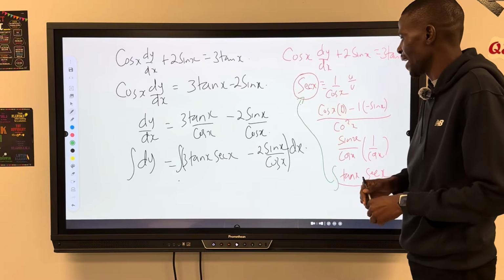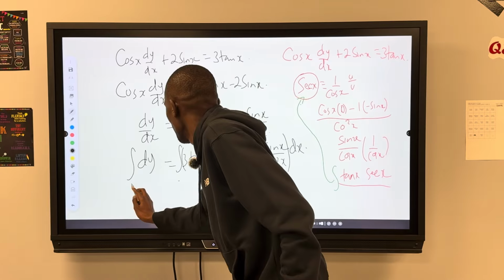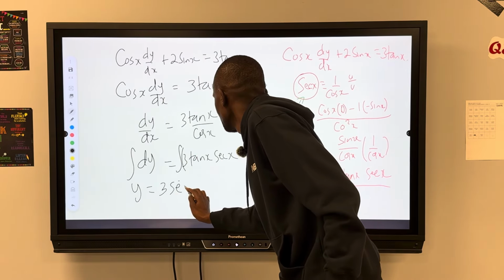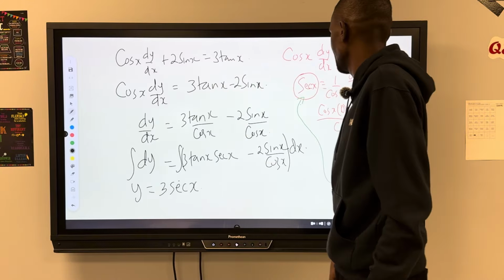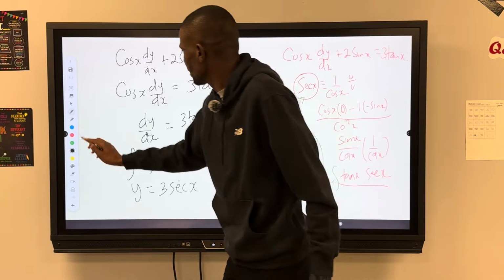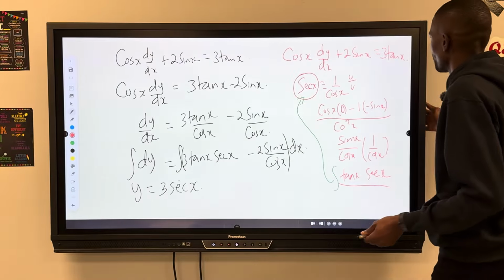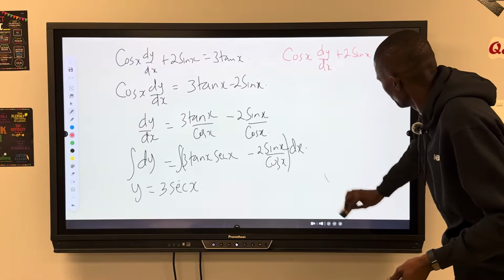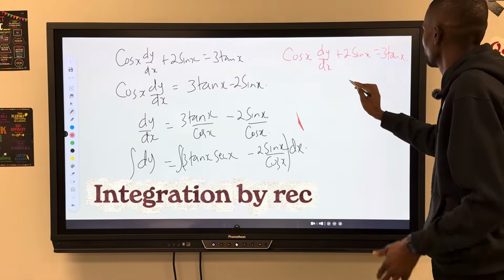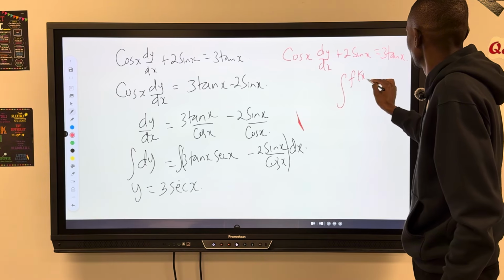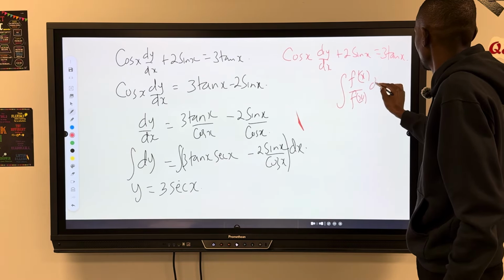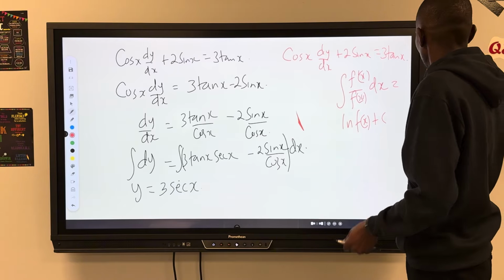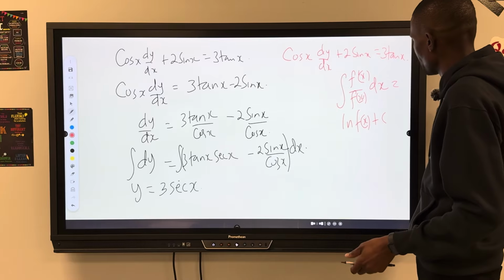So this implies that y is equal to 3 secant of x, right? Then here, remember, guys, when we integrate a function of this form, the first derivative over the function, we get the natural log of the function plus our integration constant c every time.